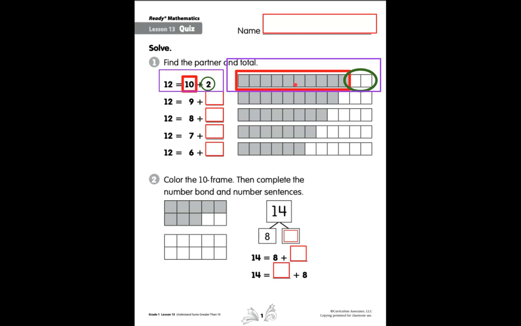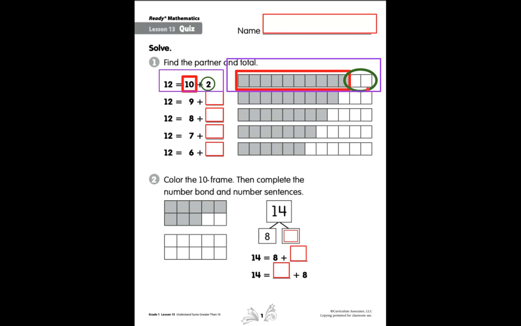And I've done a little editing here for you, and I've circled one number, and I've put a box around another number, and a big rectangle here around the total. So here we go. I have 10 plus 2 equals 12. So on my 10, I have a red box around the 10. My 2 is circled and a big purple box around the whole thing to show you the pattern.